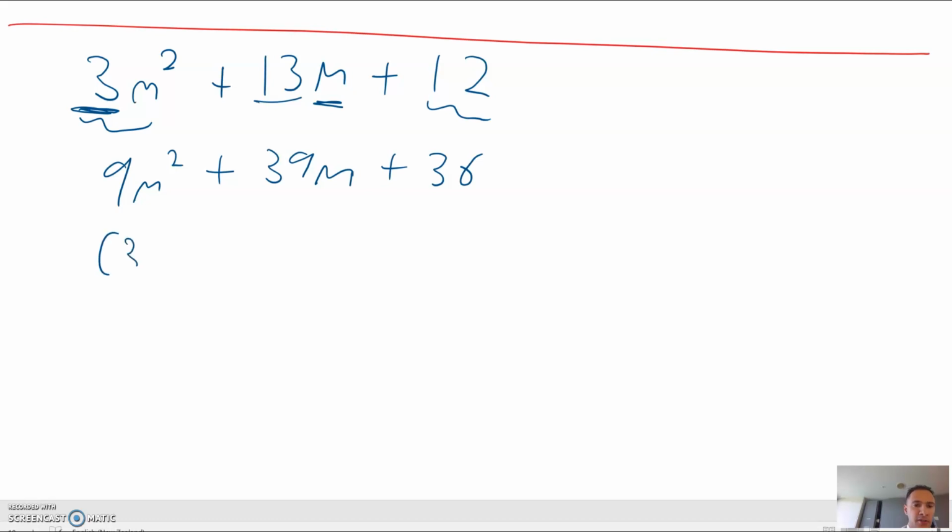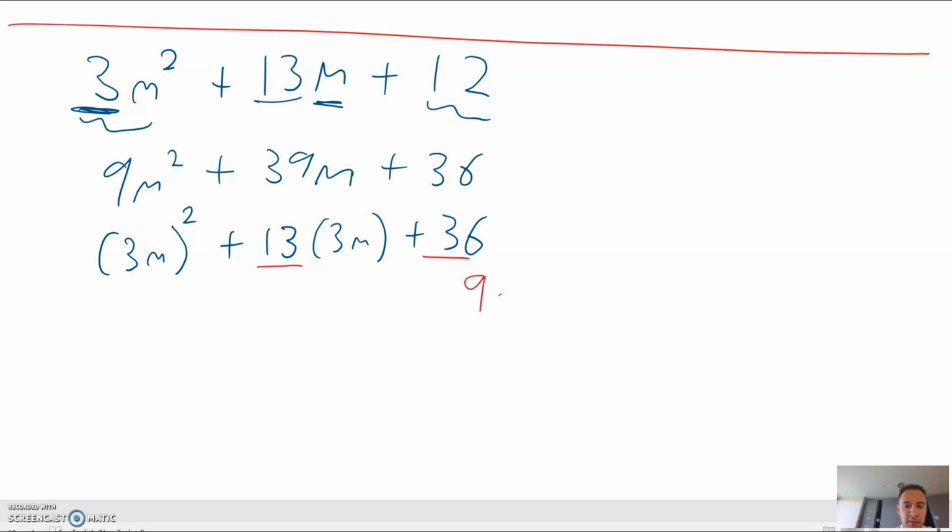And then we're going to rewrite everything with a 3m in brackets. So that's 3m squared is 9m squared plus, how many lots of 3m do we have? 13 plus 36. Now we've just got a normal quadratic. What are two numbers that times together to make 36 and add together to make 13?